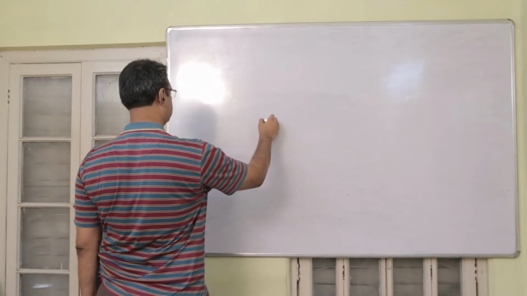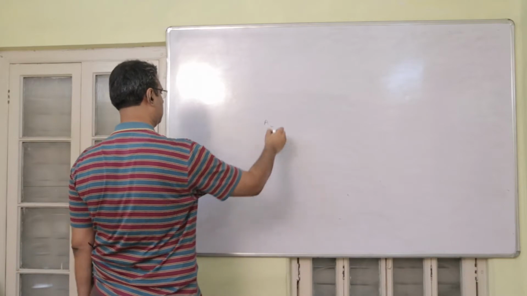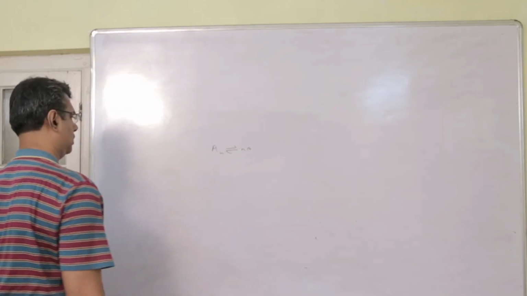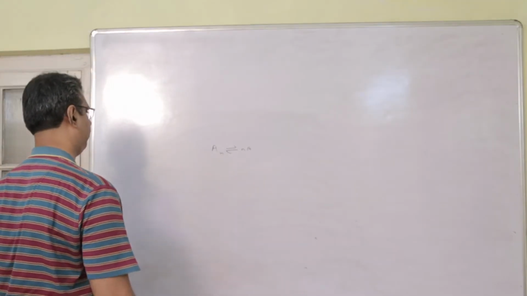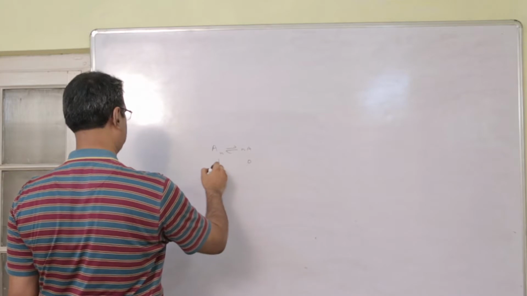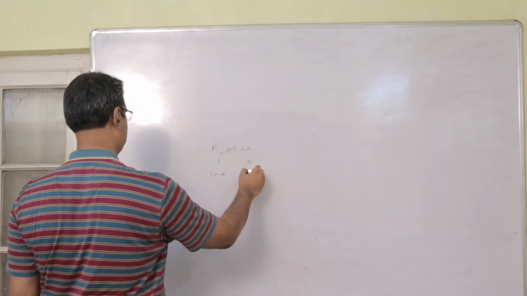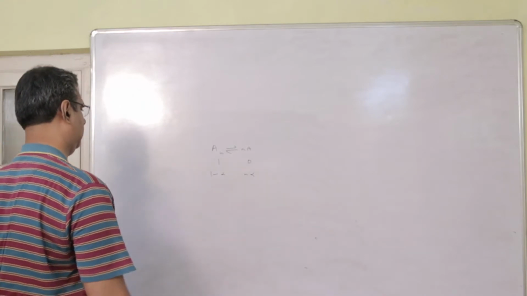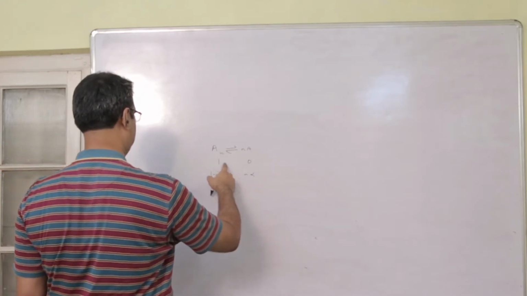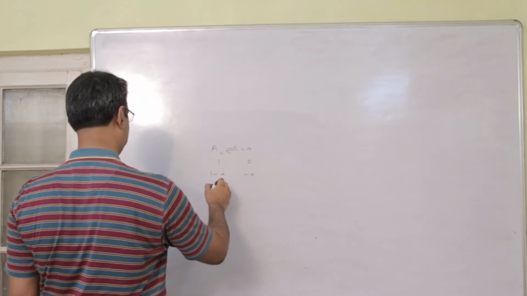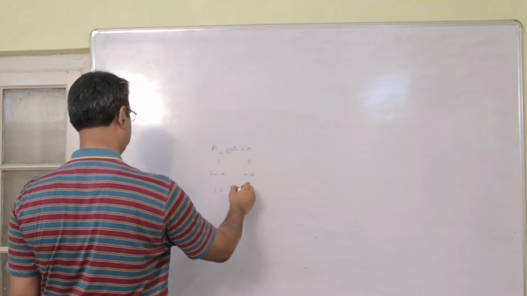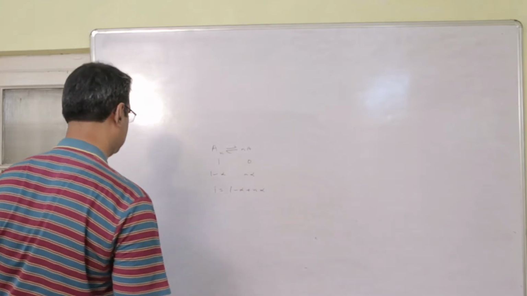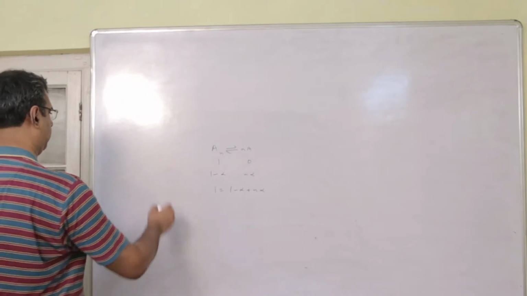Suppose there is a single molecule AN and it is dissociating into N A. If the degree of dissociation is alpha, then we will finally have 1 minus alpha of AN and N alpha of A. So the Van 't Hoff factor will be given by i is equal to 1 minus alpha plus N alpha.